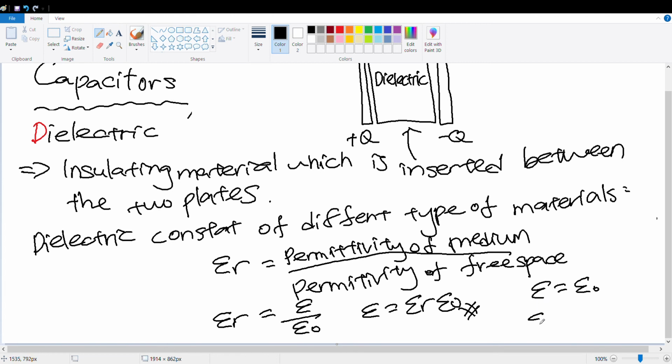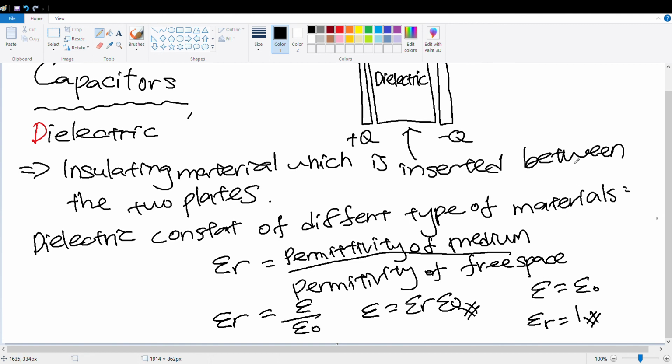The dielectric constant for free space, epsilon r, is equal to 1. That is why we say that the permittivity of the medium for free space is epsilon naught.